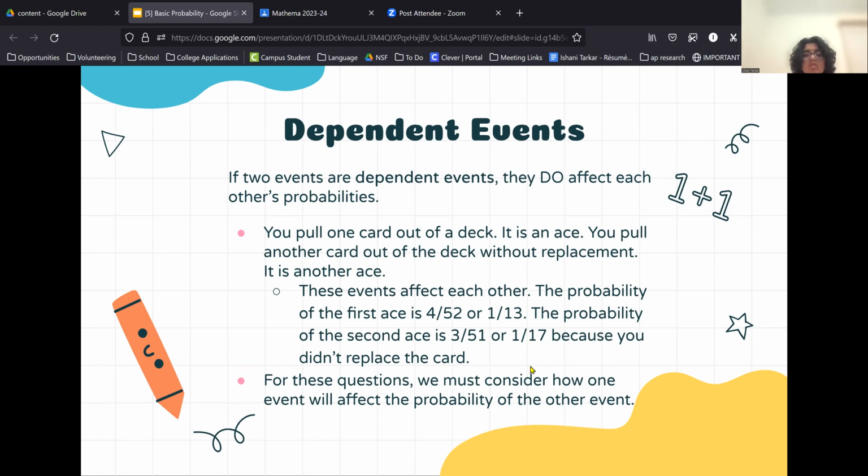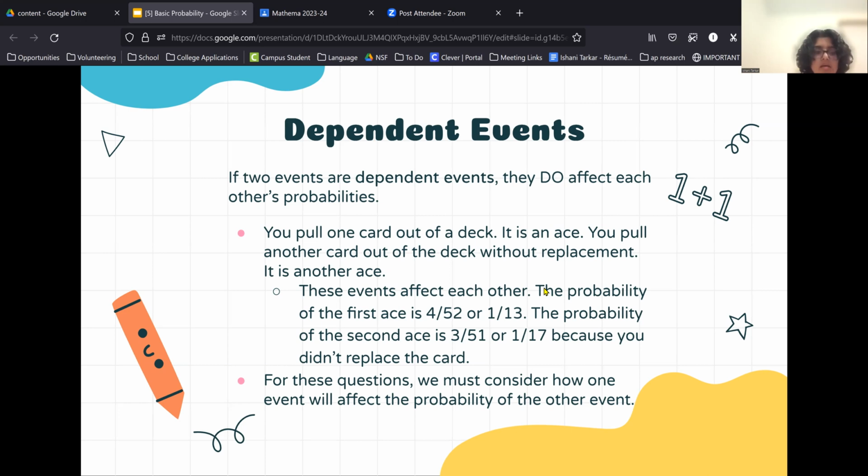So originally there are 4 aces in the deck, out of 52, but now because we've taken out one card from the total, the denominator is 51, and because we have taken out one from the number of aces, that is equal to 3, because 4 minus 1 is equal to 3. Does that make sense?